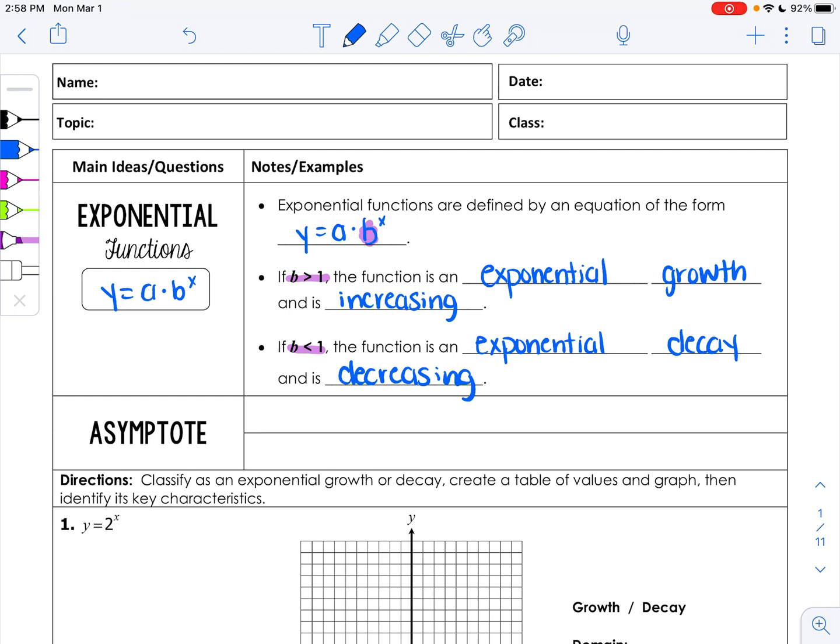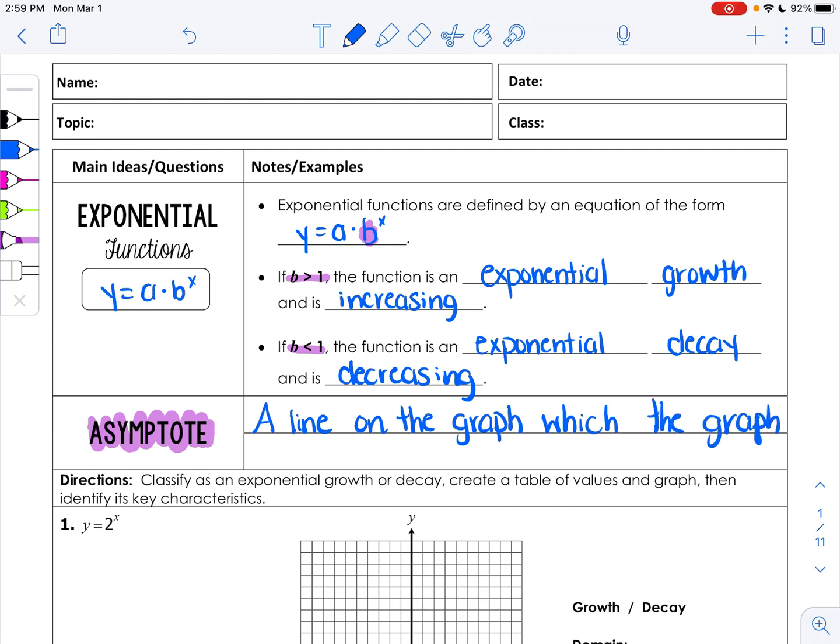There are a lot of characteristics with exponential functions. One of those is called an asymptote. An asymptote is a line on the graph which the graph gets closer to but never reaches.